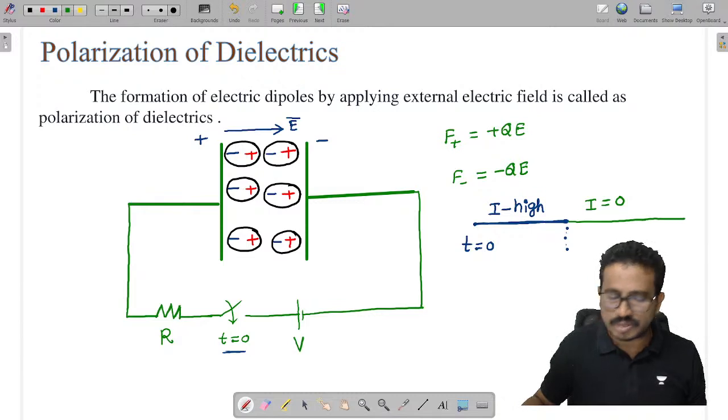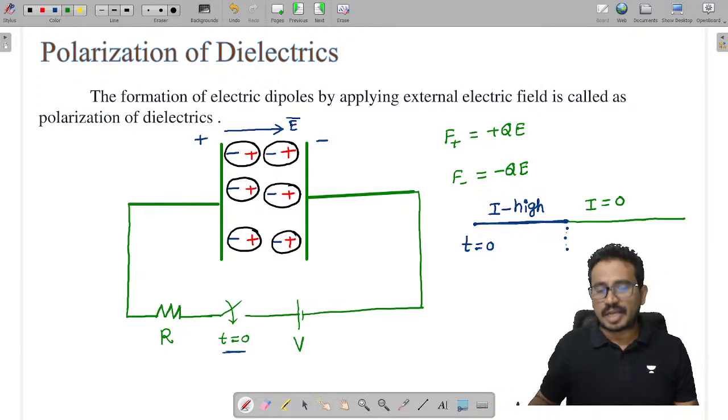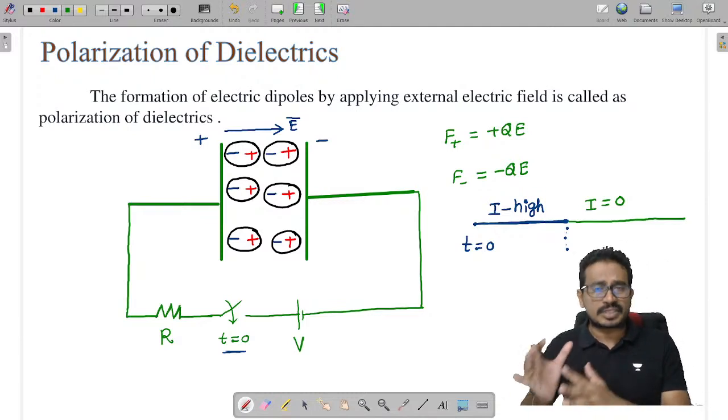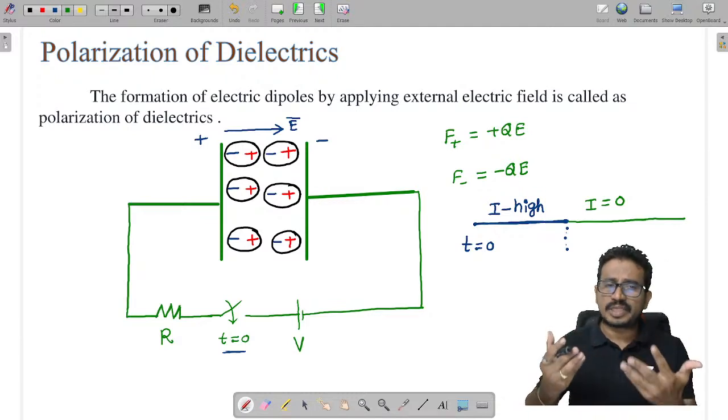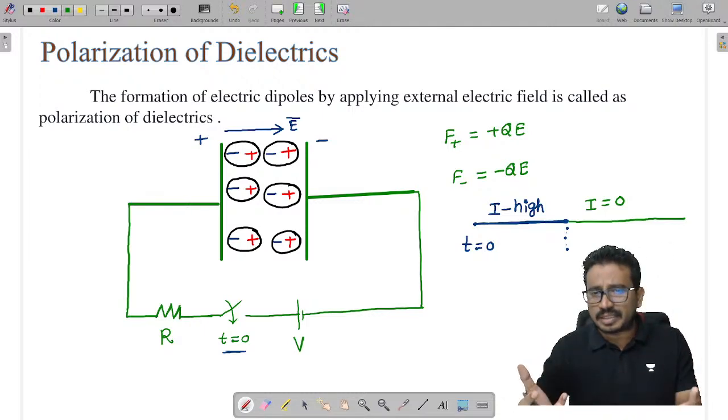After the dipoles are formed, the current is zero, and during the process of dipole formation, maximum charges flow from one side to the other. If a huge amount of charges are flowing, then we have a huge current.